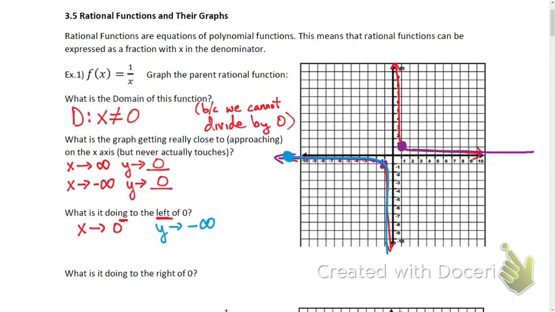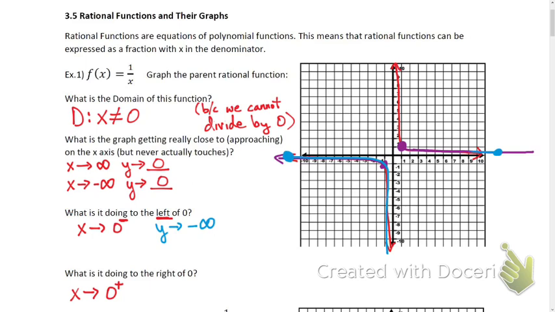What if I approach 0 from the right? Whoops, that's on the line below that. So from the right means plus. All right, so let's go back to blue and look for the blue dot on the far right of the graph. So I'm hanging out right here, and I'm going to approach 0 from this side of the graph.